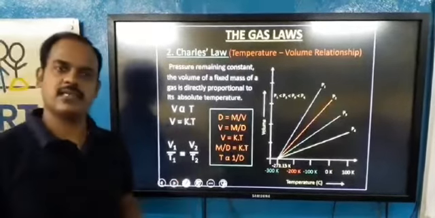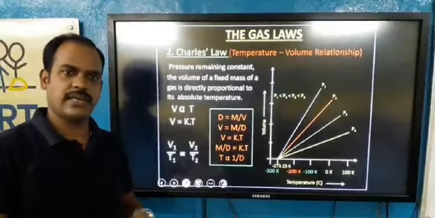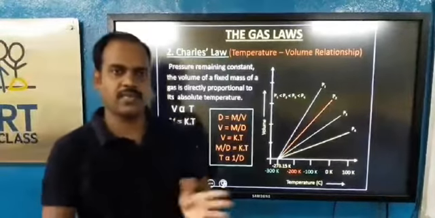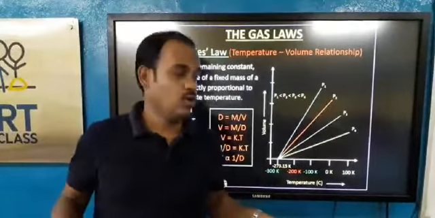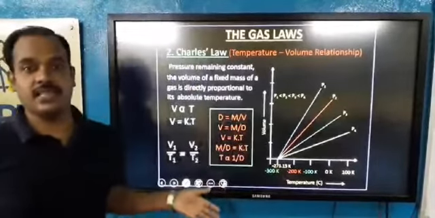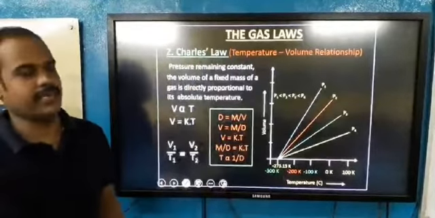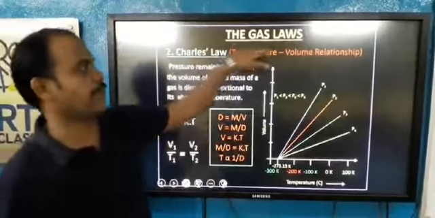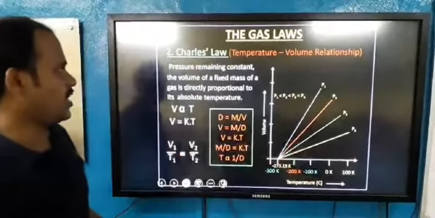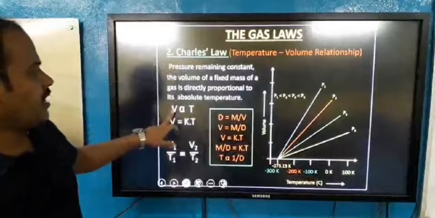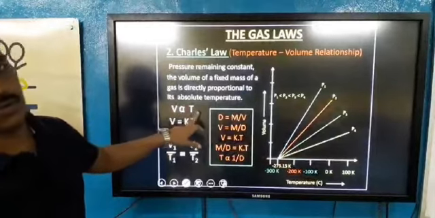And if kinetic energy increases, then they will start moving here and there with full speed. So if they are moving here and there, it means the volume will be increased. So it's a simple relation between temperature and volume. And what's the relation? Volume V is directly proportional to temperature.